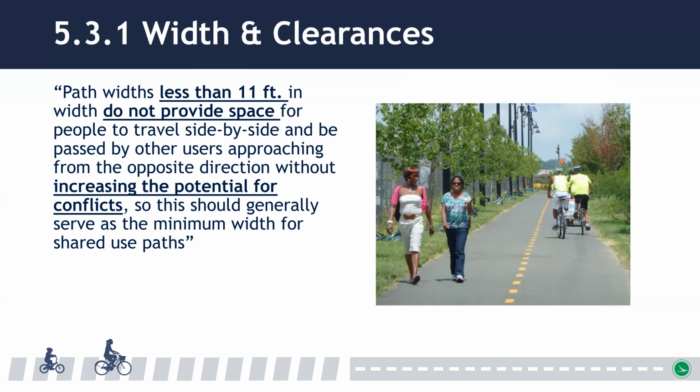In some cases, the presence of frequent conflicts on narrower width facilities can result in some people avoiding the facility altogether. There are also situations where it may be appropriate to consider path widths wider than the minimum widths in order to accommodate higher volumes, mitigate safety issues, or address discomfort for users. This is discussed later.